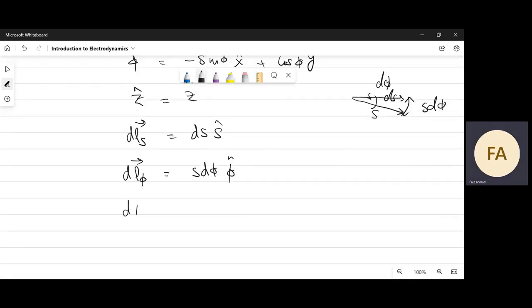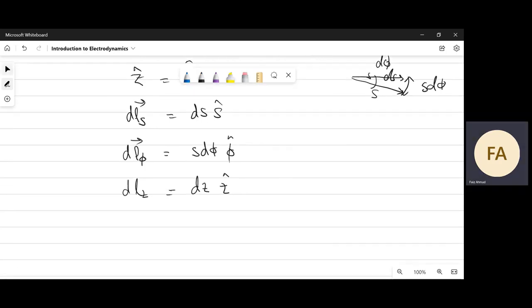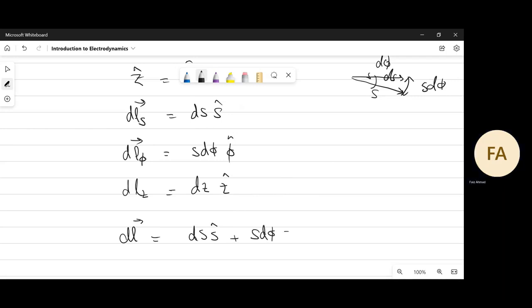And dz is the same, in the z direction. Similarly, the general length element will be ds s unit vector plus s d phi phi unit vector plus dz z unit vector.